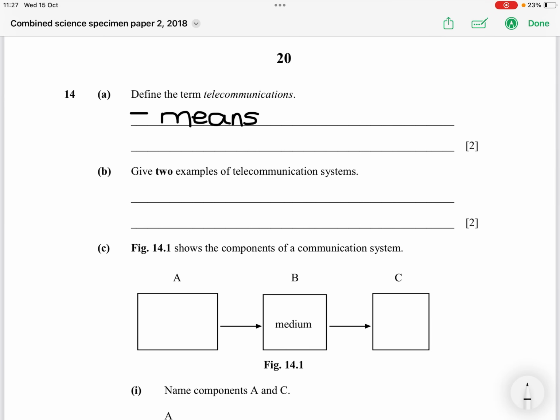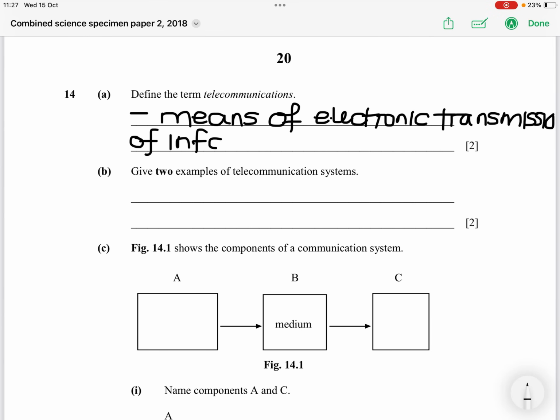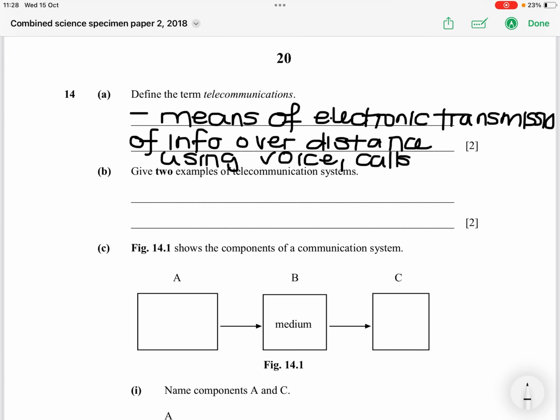So in summary, we are saying telecommunication is the means of electronic transmission of information over distance using voice, calls, data, text, etc.